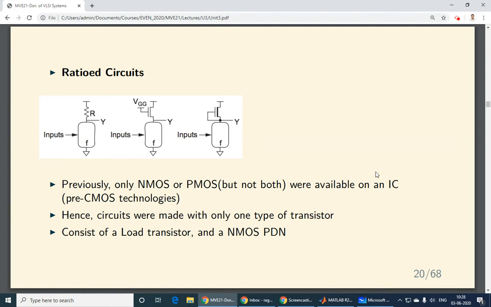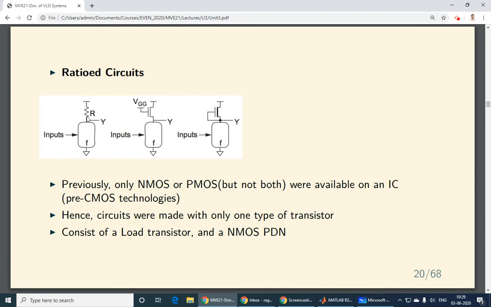And what is the meaning of ratioed circuit? It's just that the output never goes to the perfect value, and it is a function of the W by L. These are some examples of ratioed circuits. In the first one, we have a resistor.